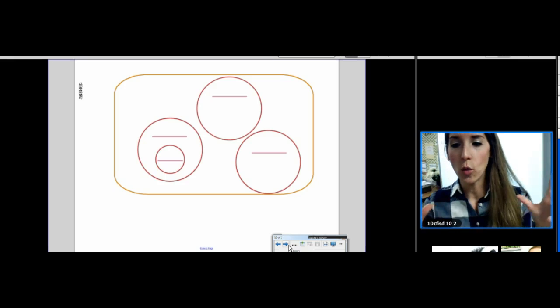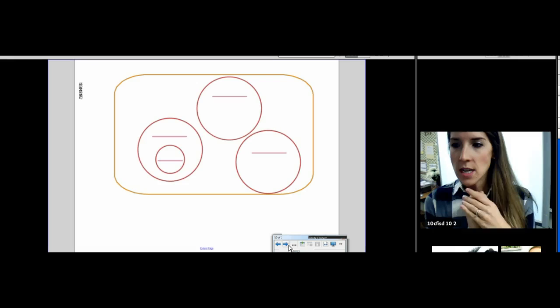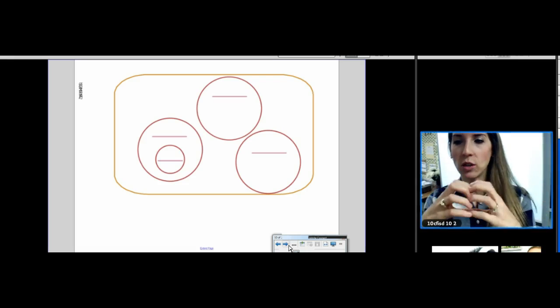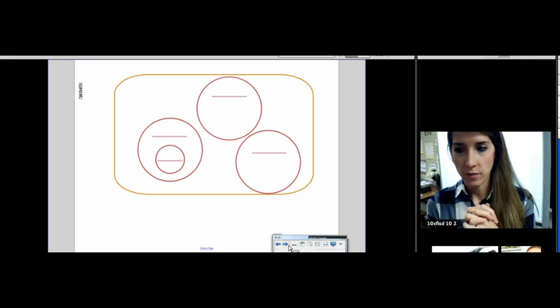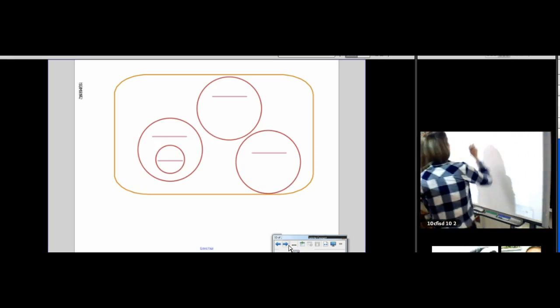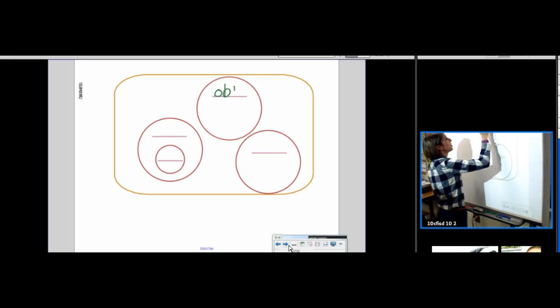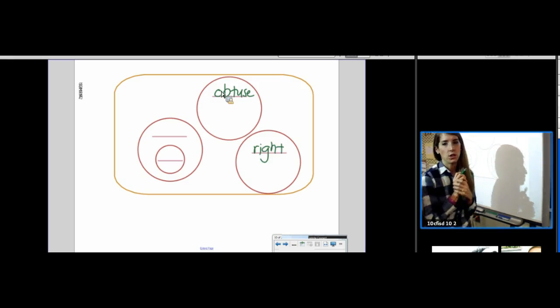It's a logic organizing, a graphic organizer. Now, if one circle is inside the other one, it means everything that is that vocab word is also the other vocab word. Similarities and differences, kind of, yep. I'll just let you know that obtuse and right would go in those two.